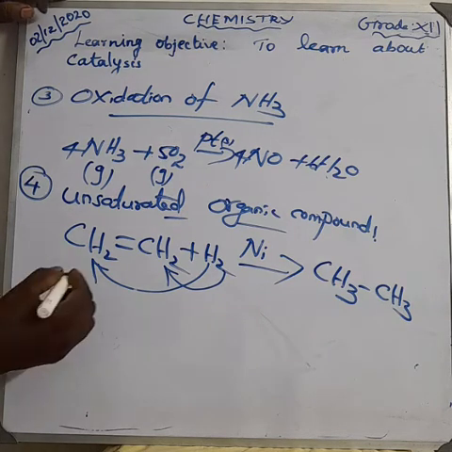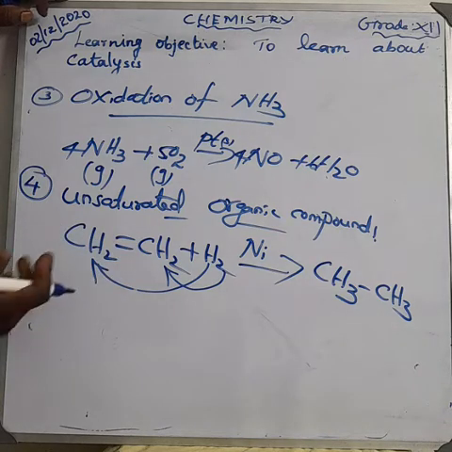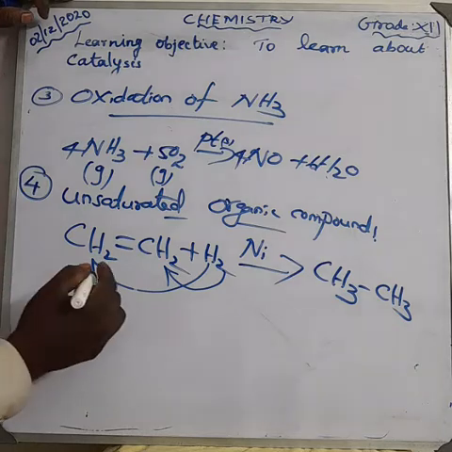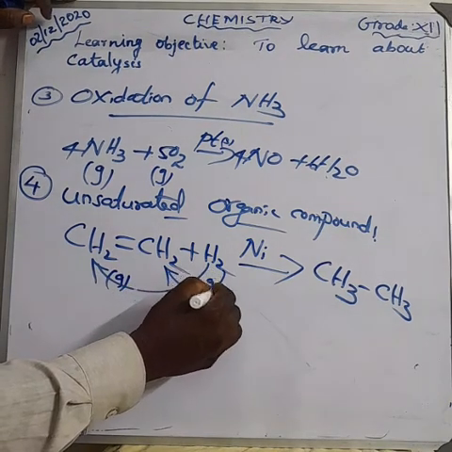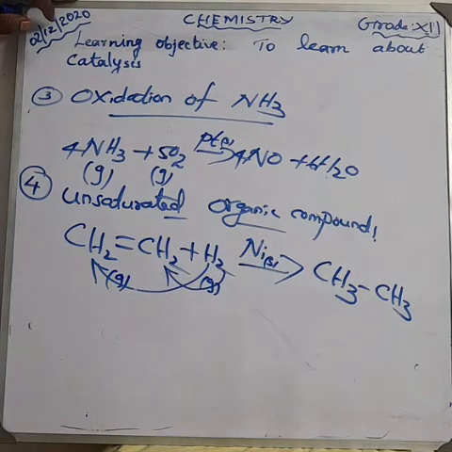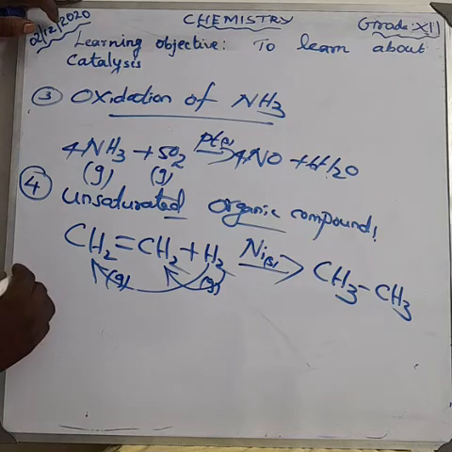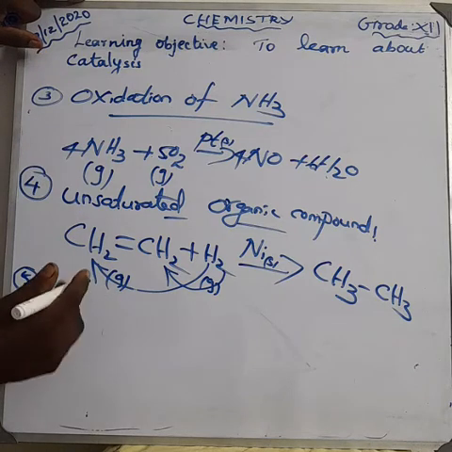Okay, here CH2 double bond CH2. We are taking another one, maybe a gaseous state. Here also gaseous state. Here solid state, nickel. Okay. Next one is about the decomposition of hydrogen peroxide by using platinum.